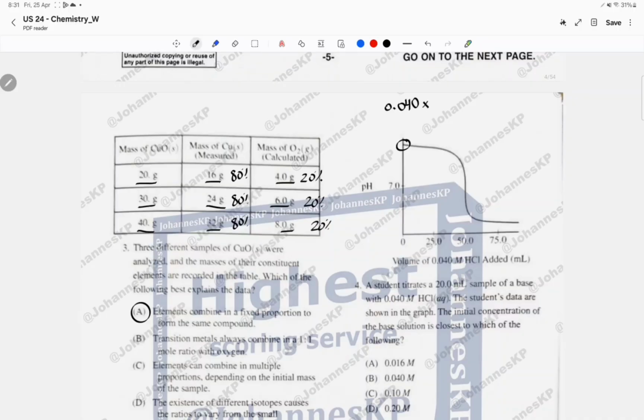Va is the volume of the acid at the equivalence point, which is 50. Mb is the molarity of the base, which we are looking for. And Vb is the volume of the base, which is 20. So Mb is equal to 50 times 0.040 over 20. And the answer comes out to 0.10 molar.